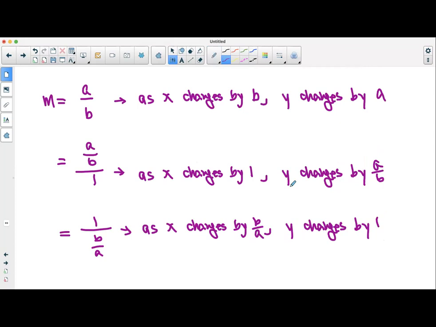And that is something which we don't usually talk about at school, but we do talk about them in the SAT. Okay? So now, let's try to look at this question.